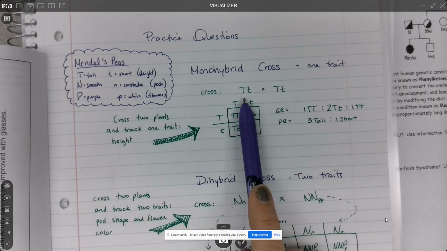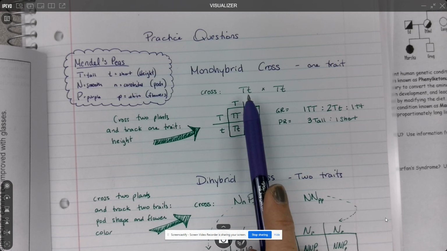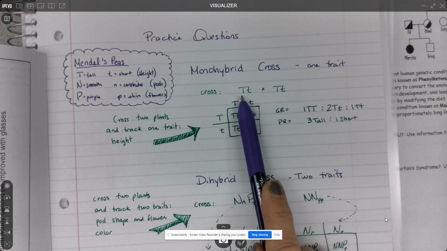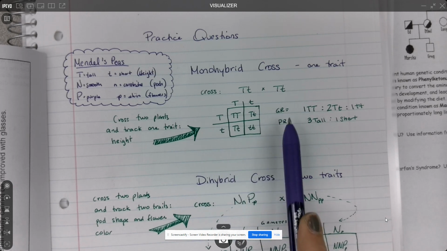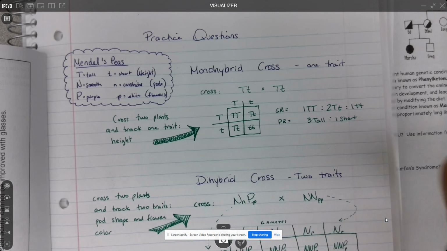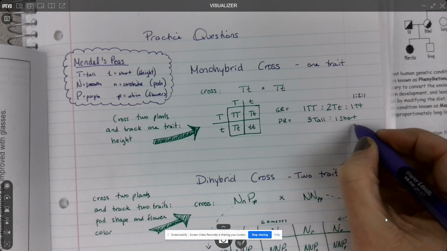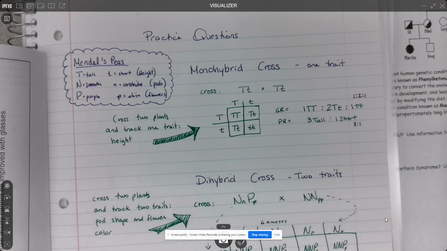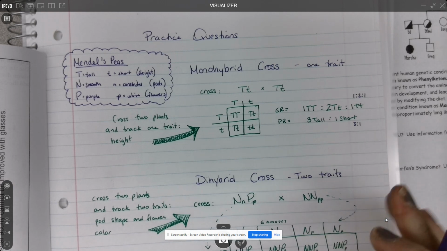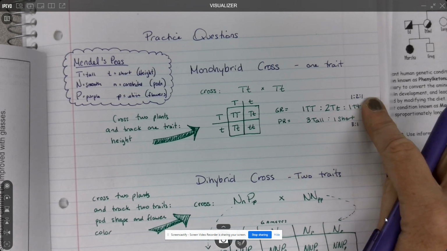My example might be different than the student examples, but we should make sure we got an example in here. I took 2 heterozygotes for height, crossed them, and came up with their genotypic ratio and their phenotypic ratio. Again, you could do the short form, 1:2:1, or 3:1 on your test. That's okay. It's just a little risky if you're not confident with what you're doing.